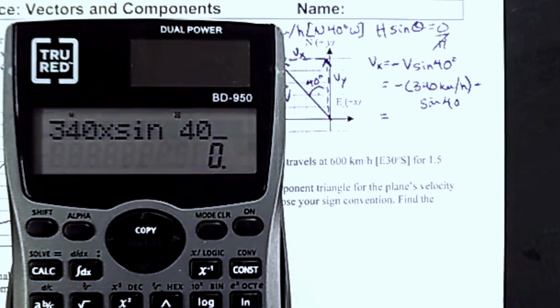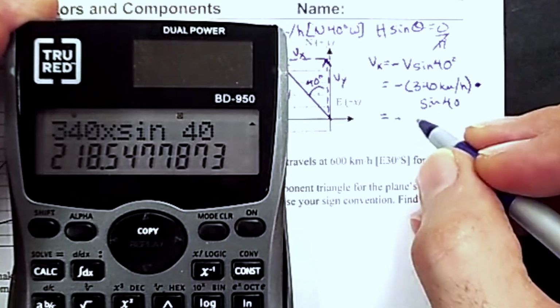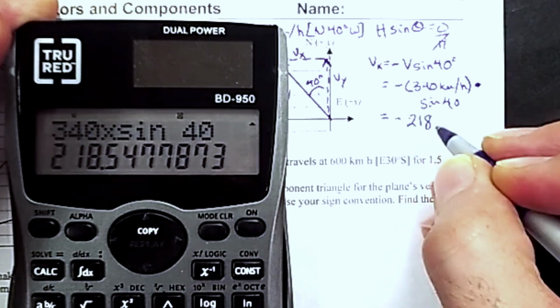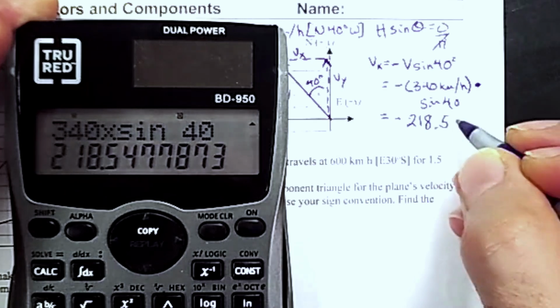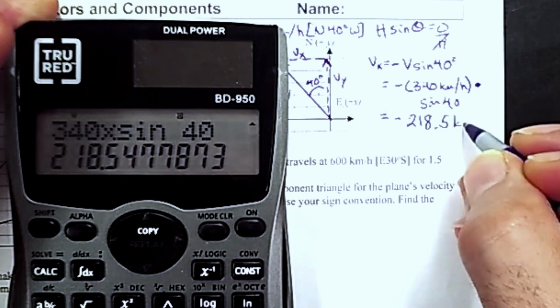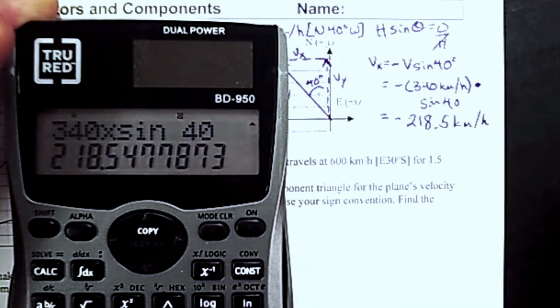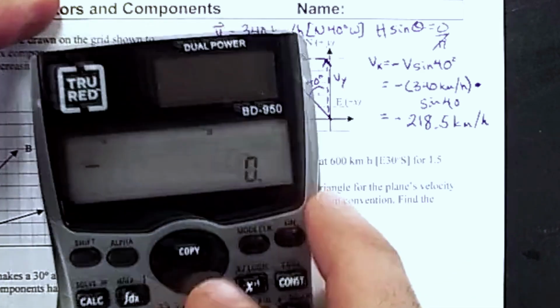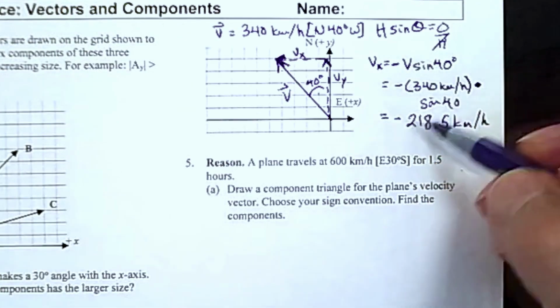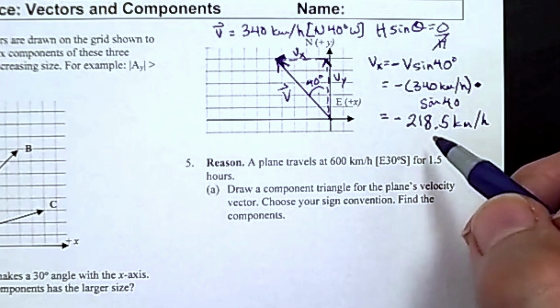Notice I'm not putting the negative sign into the calculator because I know the result needs to be negative. Negative 218.5. Cut it off at 4 significant digits, kilometers per hour. So there's our x component.